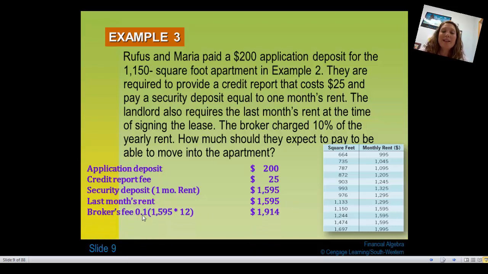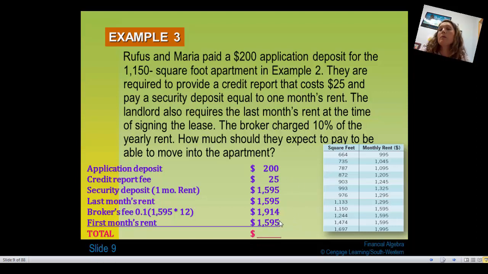And then the broker fee is 10% of the whole year's worth of rent. So we have to multiply 10% by 1,595 times 12, which comes out to $1,914. The first month's rent we also have to pay once we move in. So what is the total amount that they expect to pay to be able to move into this apartment?